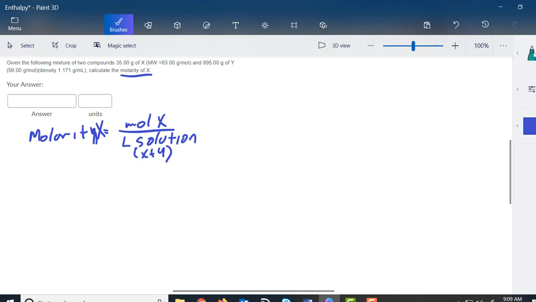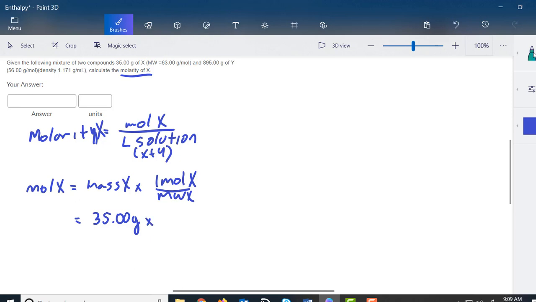So let's take a look at how we're going to find the moles of X. So the moles of X is going to be the mass of X times 1 mole over the molecular weight of X. And we're given all of these things, and it's going to be 35.00 grams. Now keep in mind, if you're given a volume, you'd have to convert that to the mass by using the density.